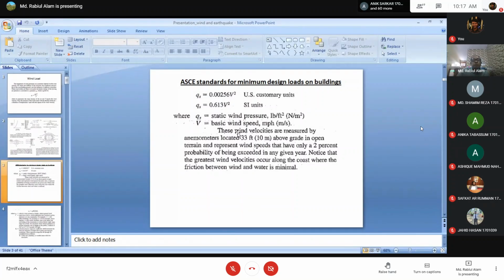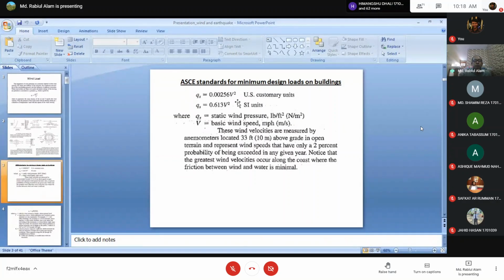I think I mentioned earlier the formula we use to calculate the static wind pressure. It is not static, it is the dynamic equivalent static pressure that a building experiences. So this equivalent static wind pressure is the minimum design load for buildings. It can be calculated if you know only the velocity.